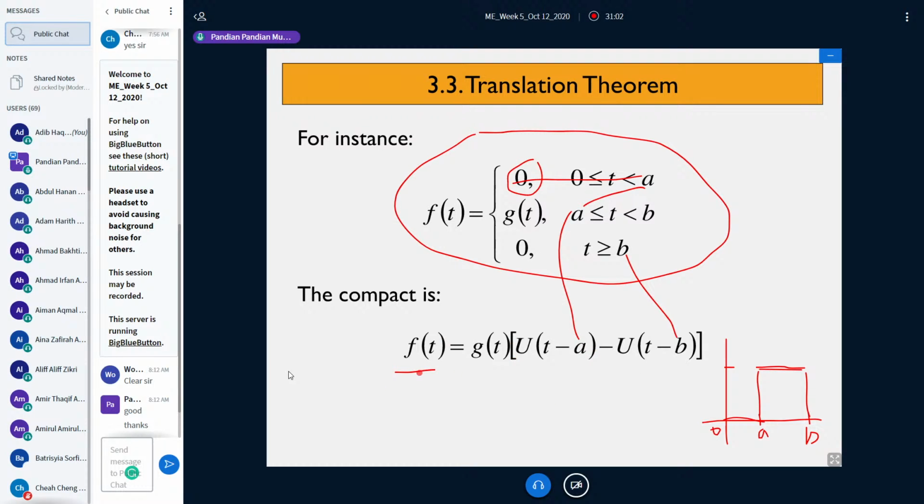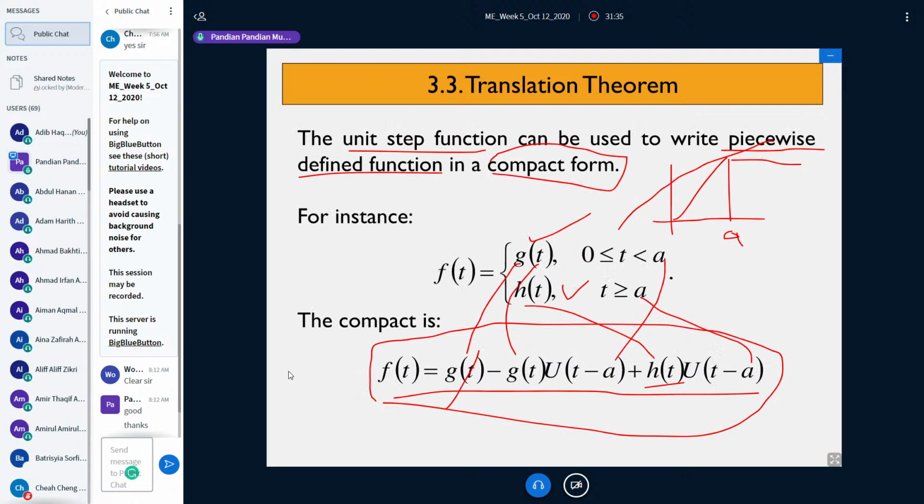So this is the compact form for the piecewise defined function. There is one step before you find the Laplace, where we have to construct the compact form first, because we cannot straight away find the Laplace of f(t) from here. That is also possible, but it is a shortcut, so you bypass this. That is up to you.